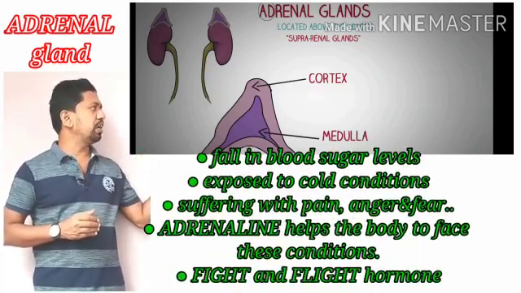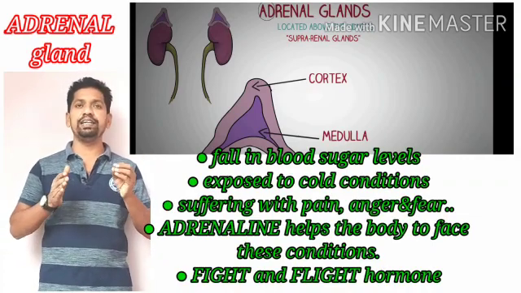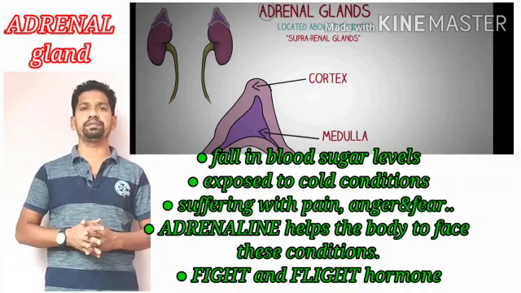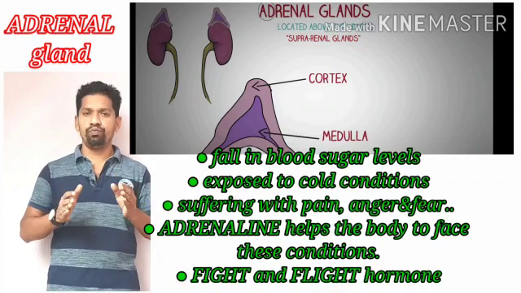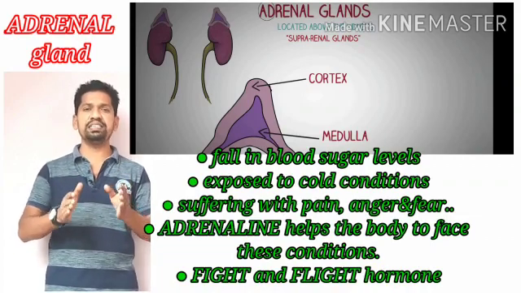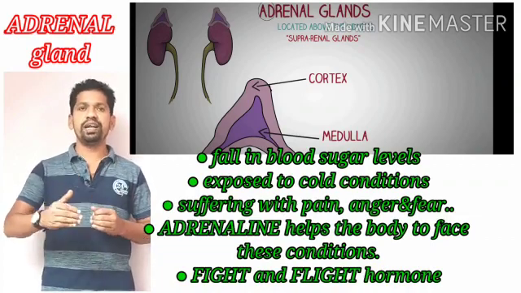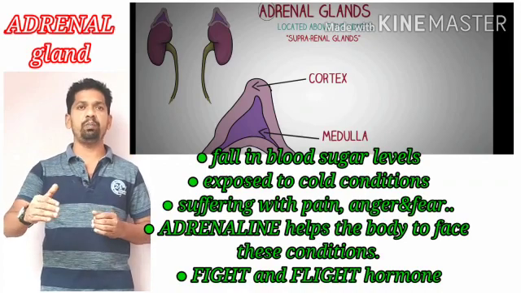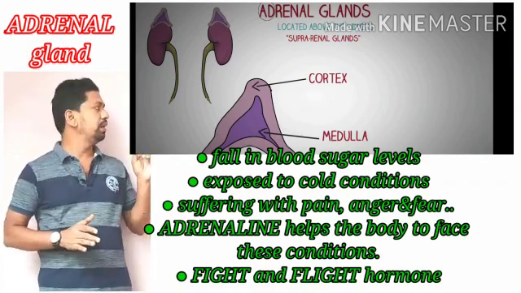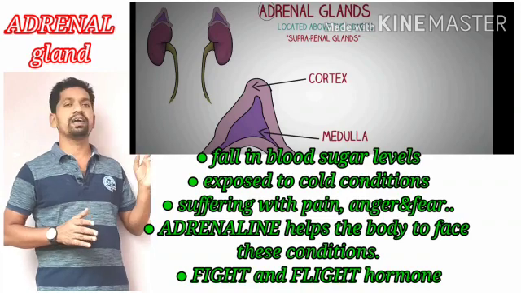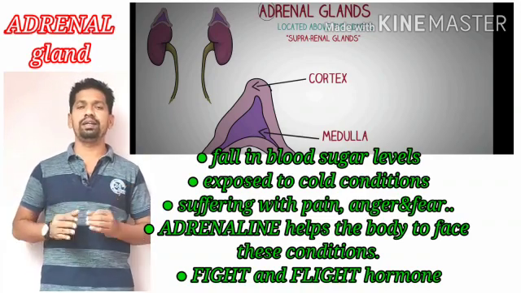Adrenaline is an important hormone to handle the physical and mental stress of our body. When we are physically or mentally facing some stress, those conditions are faced by an important hormone known as adrenaline, produced by the cortex of the adrenal gland.